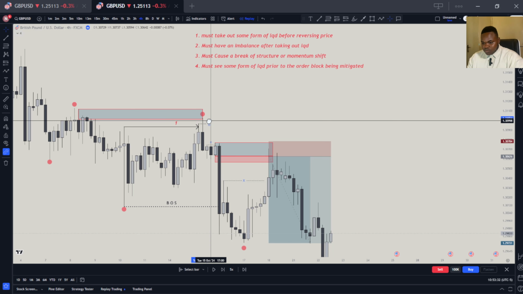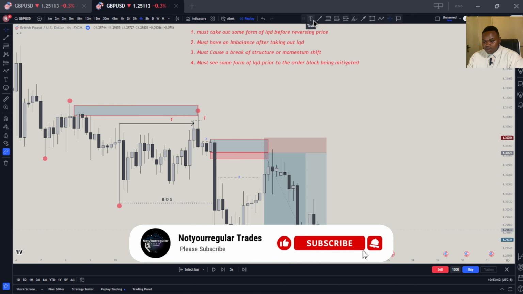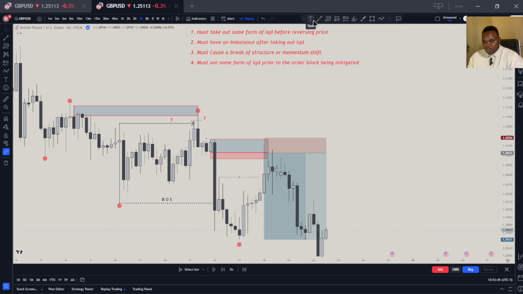This candle high being swept is also liquidity being swept. Two: must have an imbalance after taking out the liquidity, must have an imbalance lying before the other block, which is this right here.